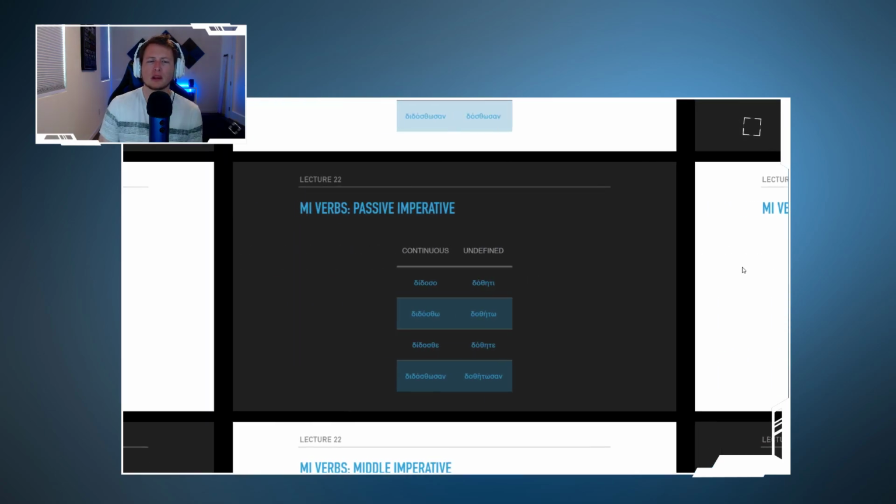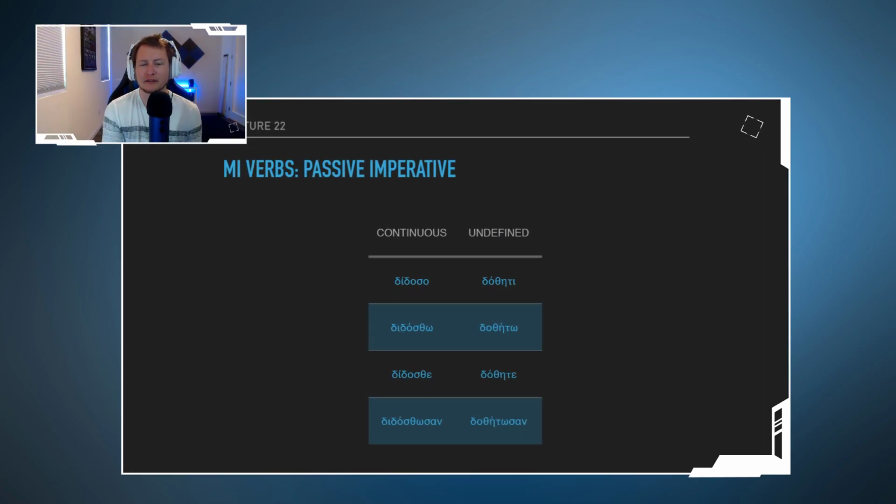That's the middle. And then in terms of passive, the continuous, again, uses the same form. It's the undefined that is different, using the theta eta tense formative. Dothiti, dothito, dothite, dothitosan. Okay? So for the undefined, passively, you give yourself. Let him give, or not yourself, that's reflexive.